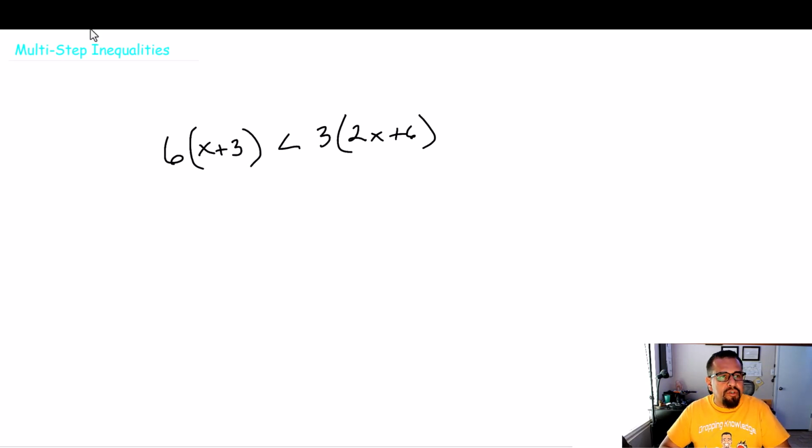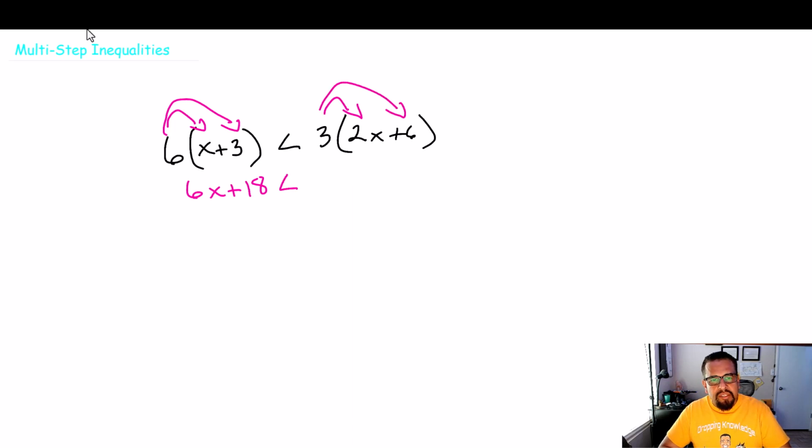The first thing I'm going to do is distribute 6 times x and 6 times 3. That gets me 6x plus 18 and the less than symbol, and then distribute here as well. So that'd be 3 times 2, which is 6x plus 18. Do you see what I have here? I have the same thing on both sides.